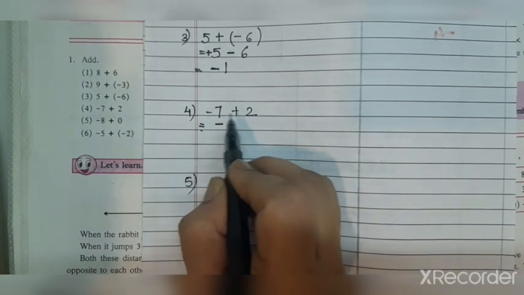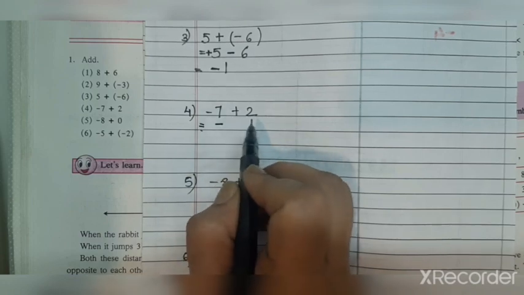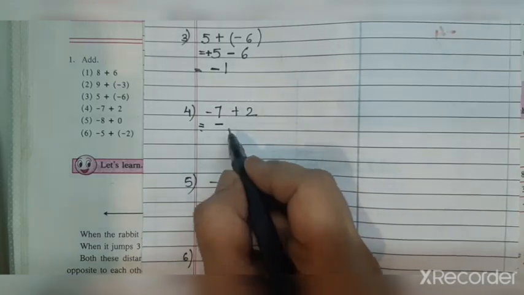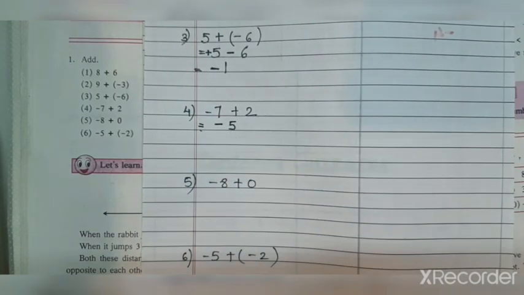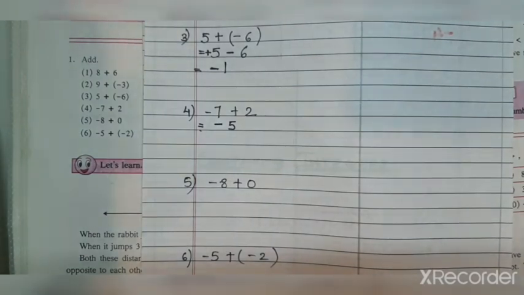And subtract 7 minus 2. That is 5. So dear students, if you just study those two statements and those multiplication, your calculation for integers is going to be very simple. And you can solve any calculation related to integers.